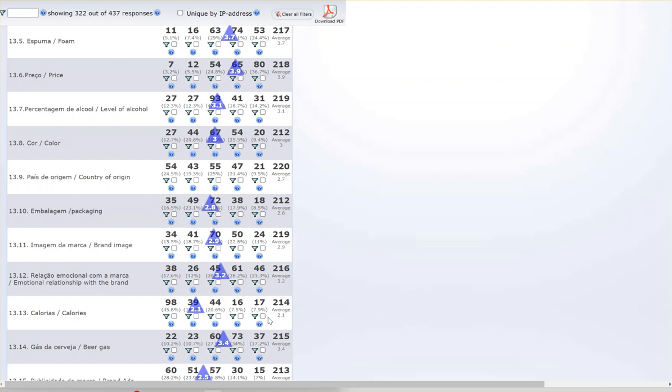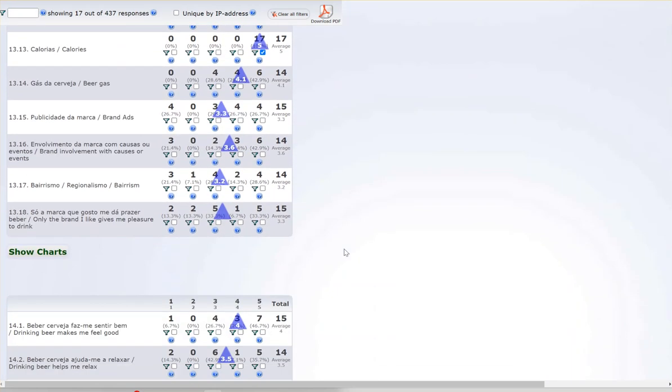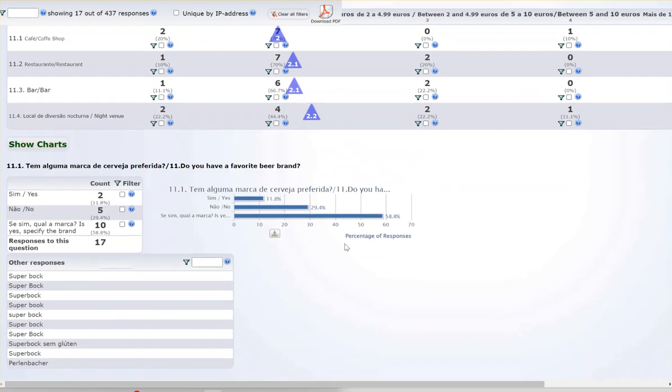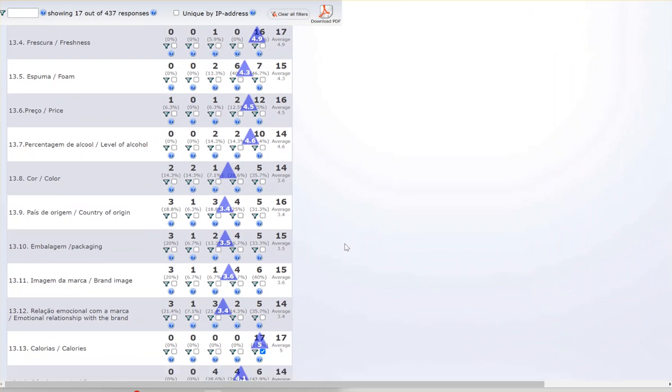So I'm going to click here on these 17, which are the responses that said that calories are very, very important for them. So what do we have here? We have 17 beer drinkers in the last 12 months, and they are above 18, and they said that calories are an important factor when deciding about a beer.